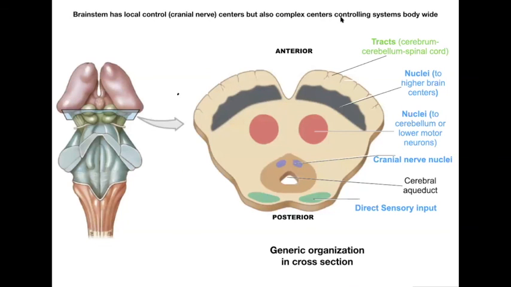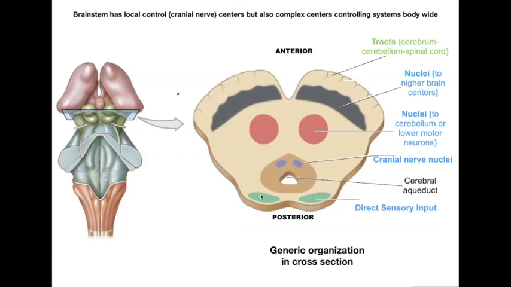All right. So our brainstem is going to have some local control, like your spinal cord segments, through cranial nerve centers, which also are going to have complex control, but also other complex centers controlling these systems all over your body, right? Your heart rate, your respiratory center. So in some ways, it's a combination of our brain and our spinal cord.